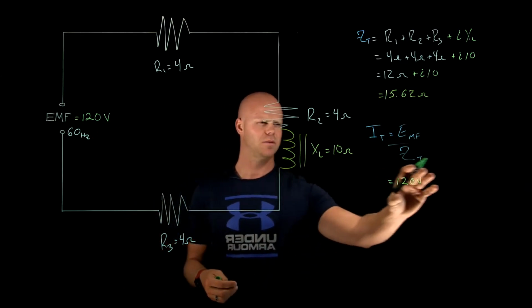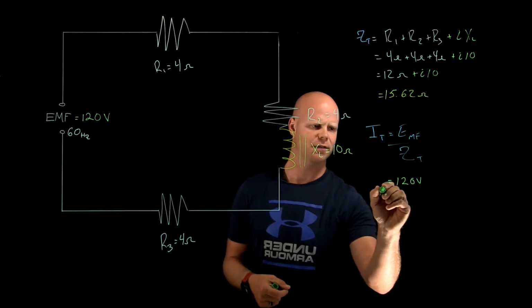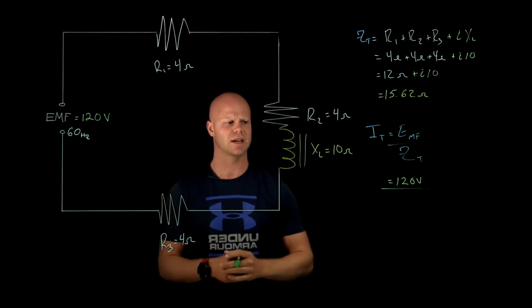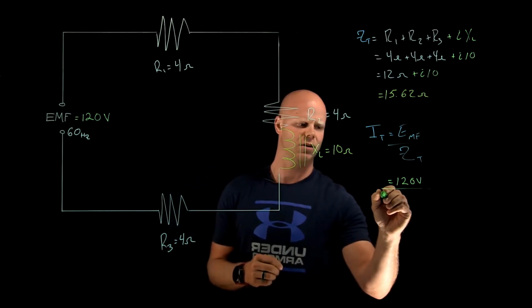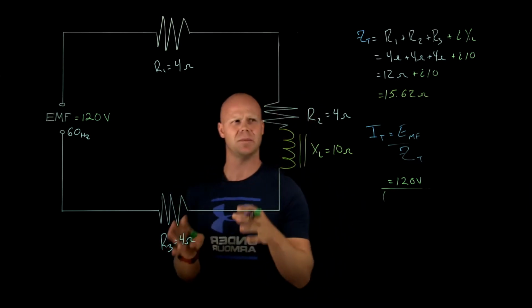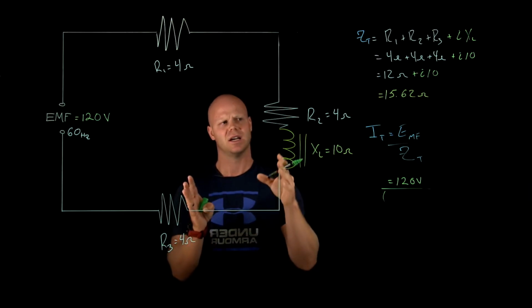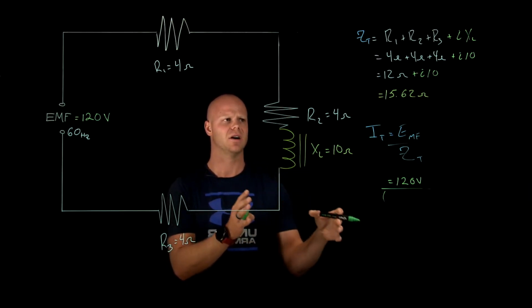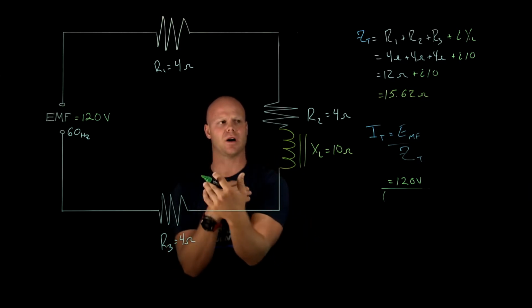So I have 120 volts as my EMF divided by, and what I want to do first of all is leave it in rectangular form. This is going to help us eliminate steps, okay? It's also going to help us eliminate points of error and accuracy problems.